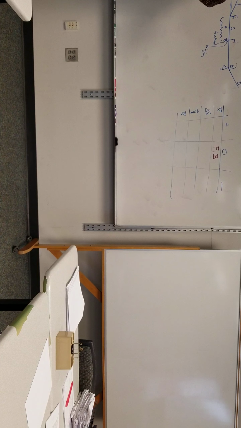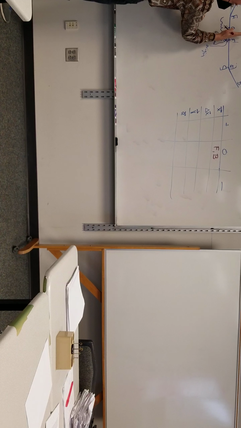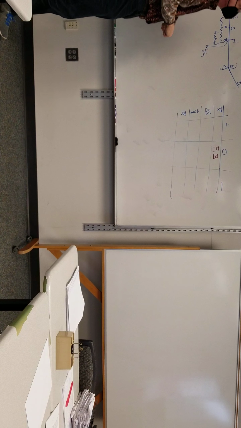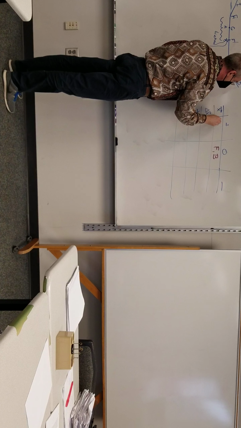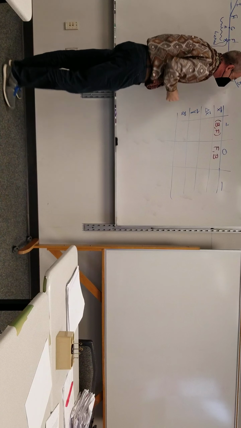Now, when you said going to the right, it's going to the right here from A to B, but that's not positive position. And from E to F, it's going to the left, but that is positive position because I'm on the right side. It's like I've got a number line here with 0 set right there. All that's positive, all this is negative. So it's positive from B to F.